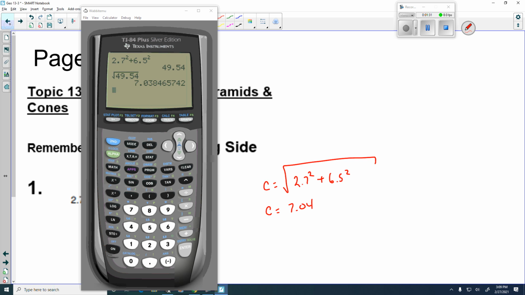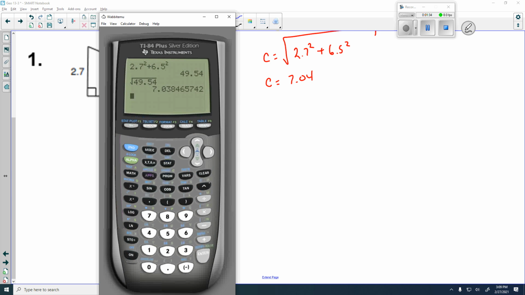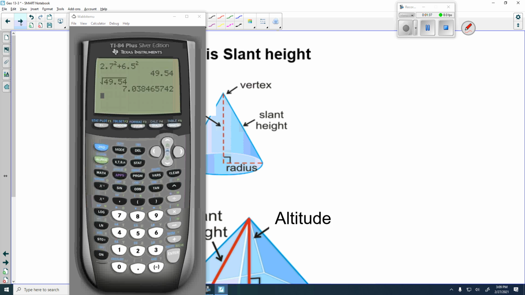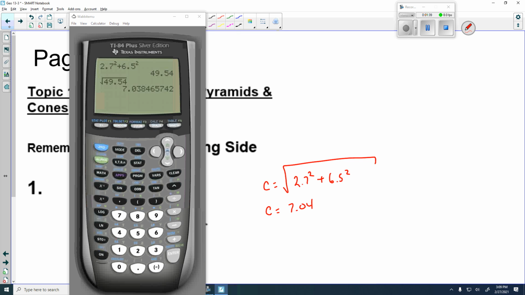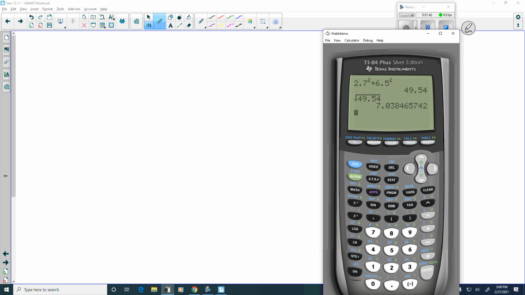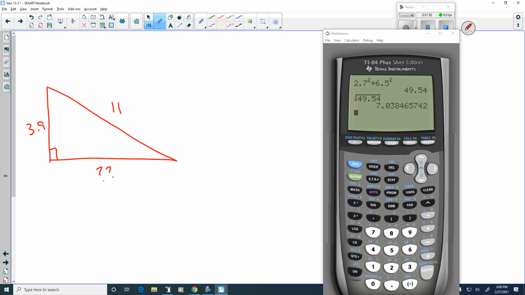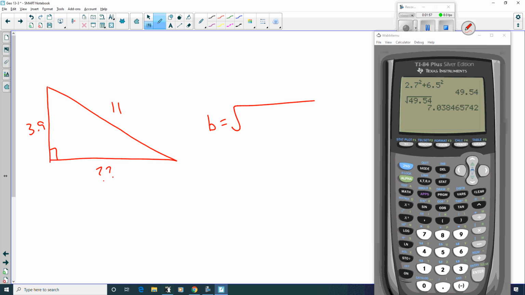Now we'll do example 2 here. This is 3.9. It's a right triangle. And in this case, I know the hypotenuse, but I don't know this side. And we usually call that side B. And so B is the square root of the hypotenuse squared minus 3.9 squared, or generally that's written like this, C squared minus A squared.